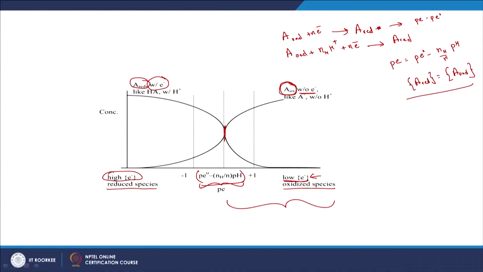We will just summarize for today. High activity of electrons means your reduced species concentration is going to be higher. That means the A reduced form is going to predominate when Pe is less than your reference, and that is what we see here. And obviously the inverse: when Pe is greater than your reference, what does that mean? Low activity of electrons, which corresponds to lower concentrations of your reduced species or higher concentrations of your oxidized species, meaning oxidizing conditions predominate.